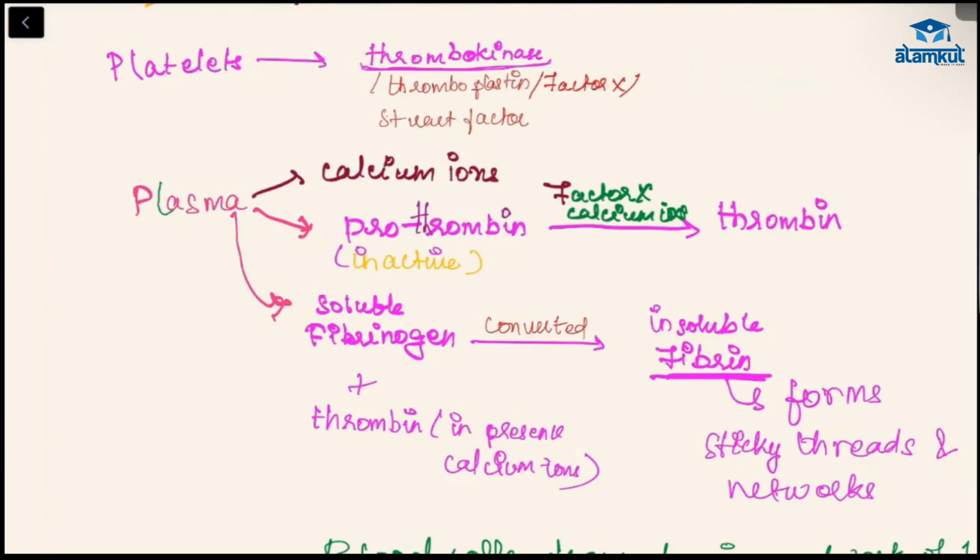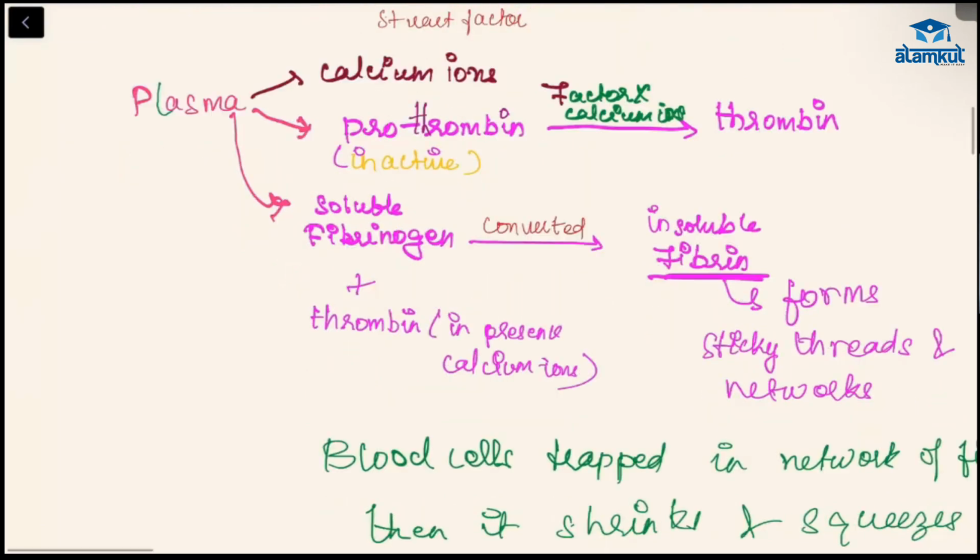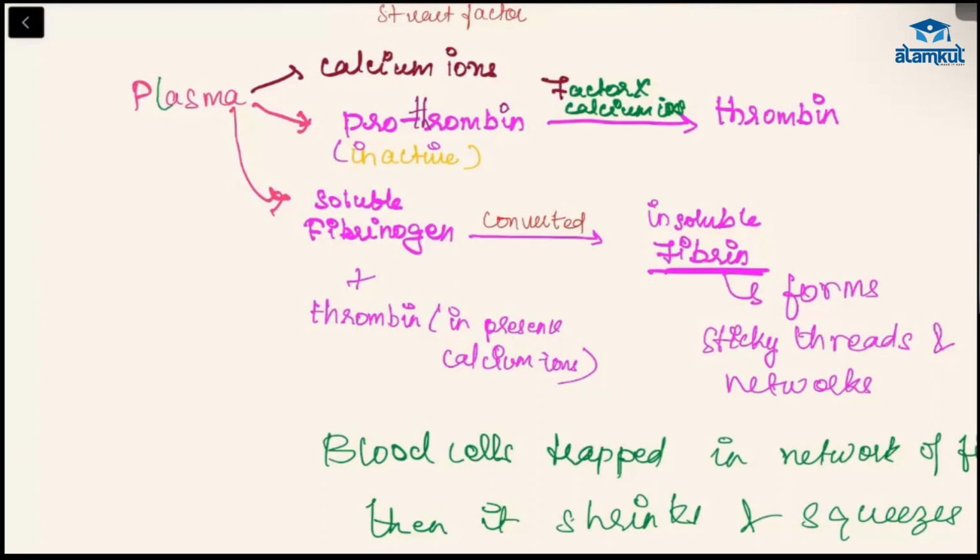Thrombin is an enzyme, a protein, which will combine with soluble fibrinogen. In the presence of the calcium ion, the fibrinogen gets converted into fibrin. Actually, this is happening in the plasma only.